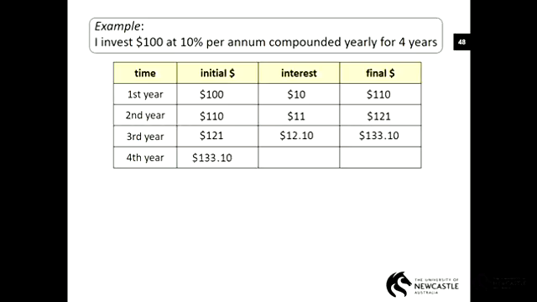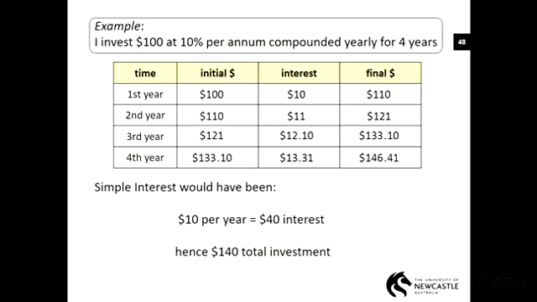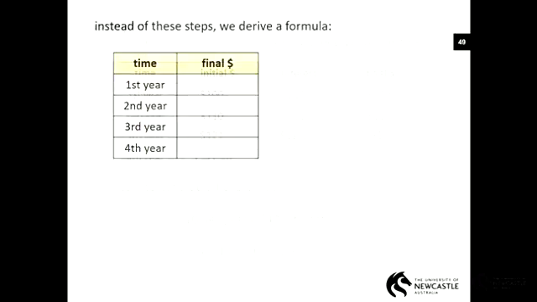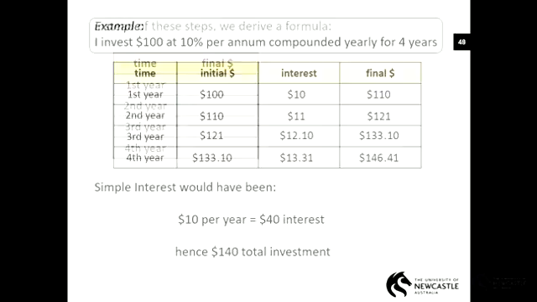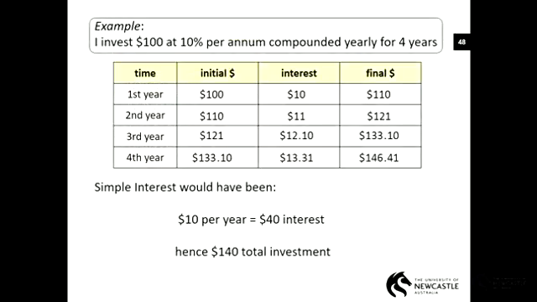So you can see, instead of only being $40 interest in simple interest, if we compound yearly, I got up to these values. What are they up to? Oh, you'd think I'd add them up on there. I didn't even add them up. Okay, $46.41. So I made $6.41 extra. Okay.